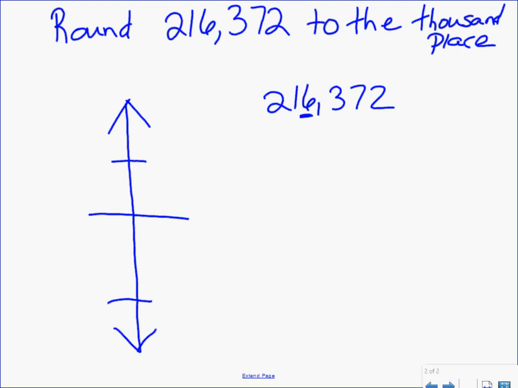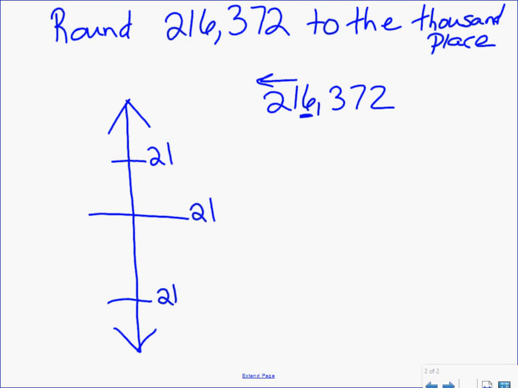Now, when I'm rounding a number where I'm not rounding the greatest place value, I tell the kids that everything in front of that place stays the same. So the 2 in the 100,000s and the 1 in the 10,000s would stay the same. I'm just going to write that down at all 3 of my points.